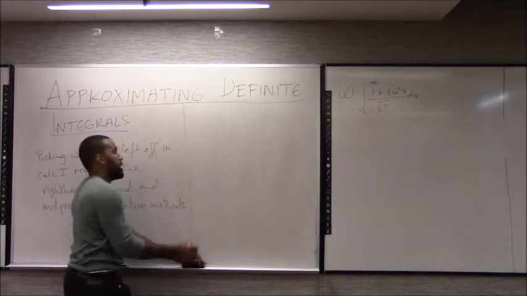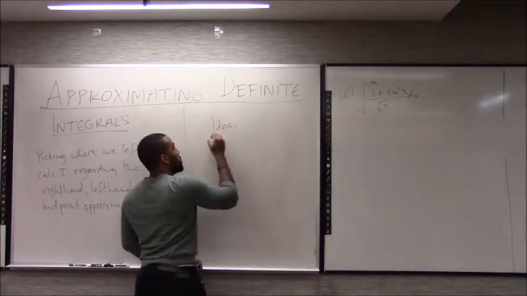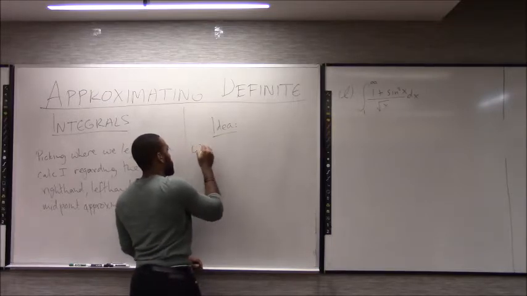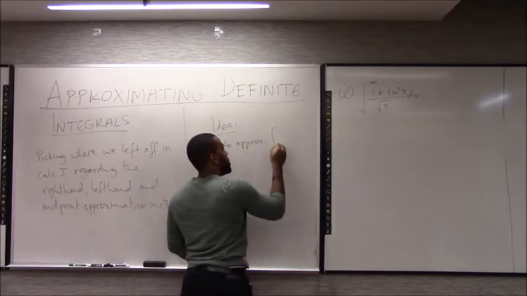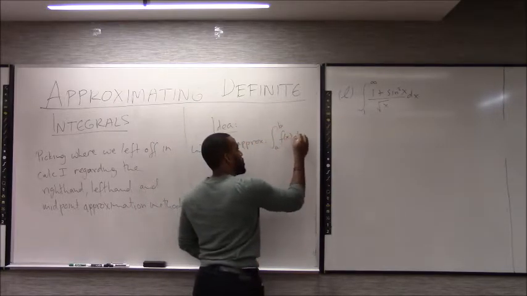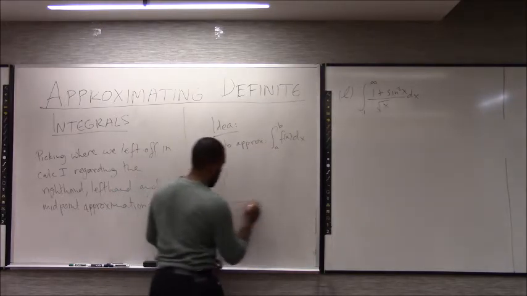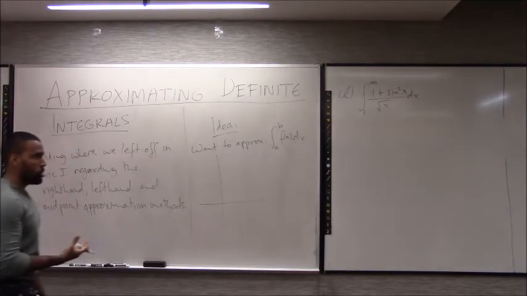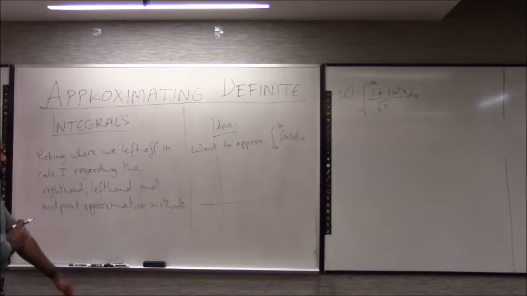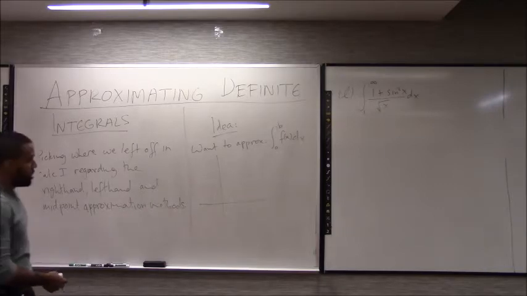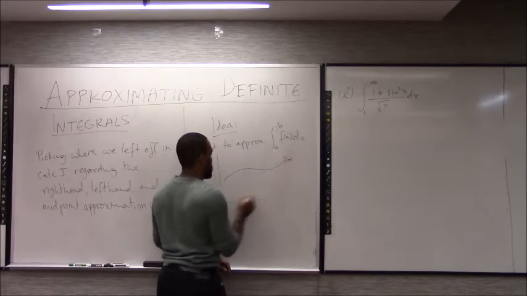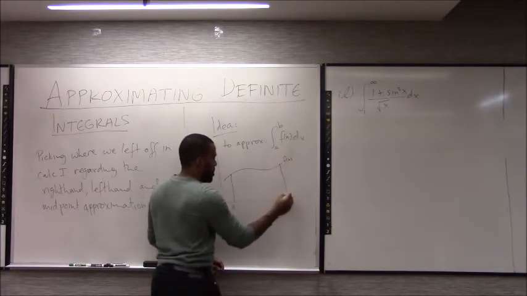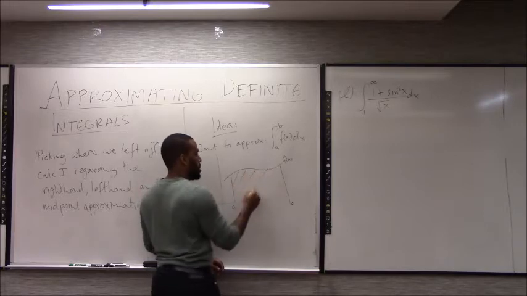So recall the idea here was we want to approximate the integral from a to b of f of x dx. In general, you'd only do this if your f of x is really hard to compute, but in Calc 1 we might have given you even some very easy integrals that you could compute by hand, but the principle was important. So you have your function doing its thing, f of x, from a to b, and you wanted to approximate this area.